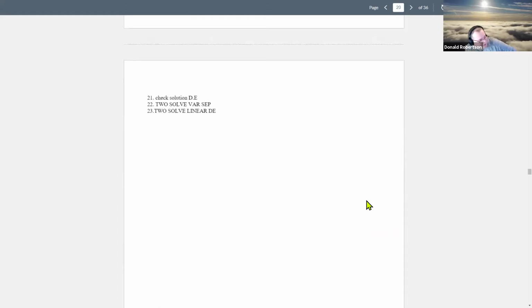So a little note to myself: question 21 will be to check the solutions to a differential equation. 22 will be 2 examples of solving variable separable, one of them with a plus C and the other where you get the particular solution, because y of 0 is 7 and you get the number. And 2 linear differential equations, one without a plus C and one with a plus C. That's all I've not got. So that's 3 more questions, 5 more things.